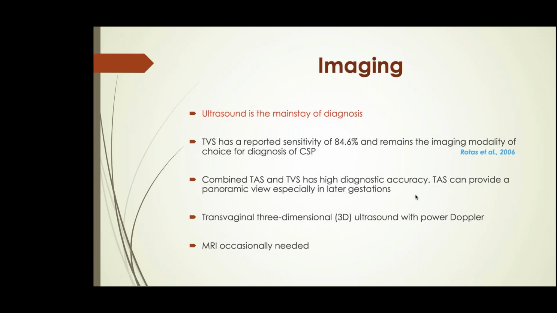Mainly the MRI would be used if you have a huge uterine fibroid and you cannot locate the exact location of the sac. MRI will give you a better idea. But usually transvaginal scanning is enough.